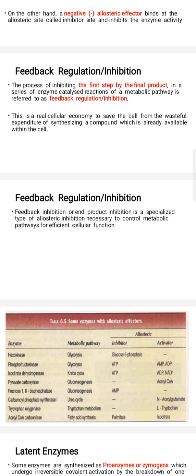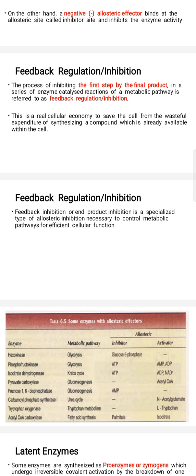So instead of the cell spending on creating other substances or giving out some extra substances, this feedback regulation or inhibition simply stops the cell from producing extra compounds which are already available in the cell. So it reduces excessive product in a cell.